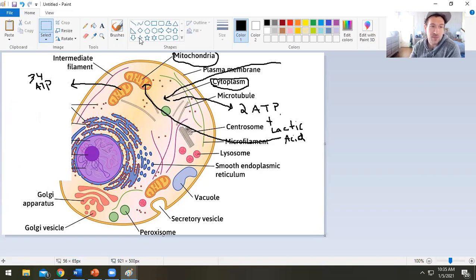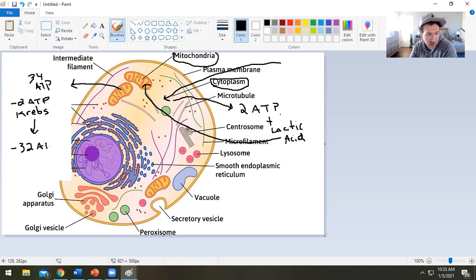The reason it's 34 ATP is because it is going to create 2 ATP from the Krebs cycle, or the citric acid cycle, which is its other name, depending on which one we use. So it's going to spit out 2 ATP from the Krebs. Then it will go through and spit out 32 ATP from the electron transport chain. So it'll spit out 32 more ATP.